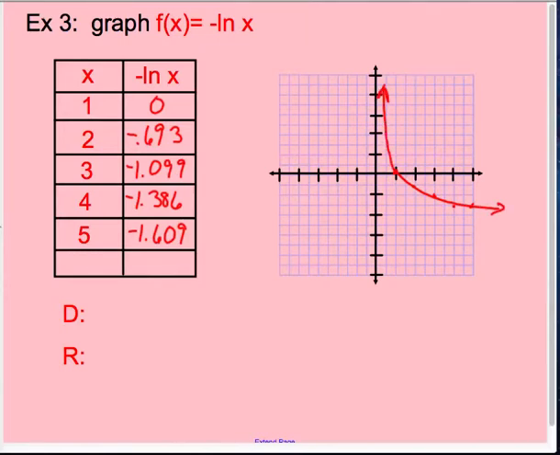So think about the fact that our original natural log function looks something along these lines. So making it negative flipped it over the x-axis.